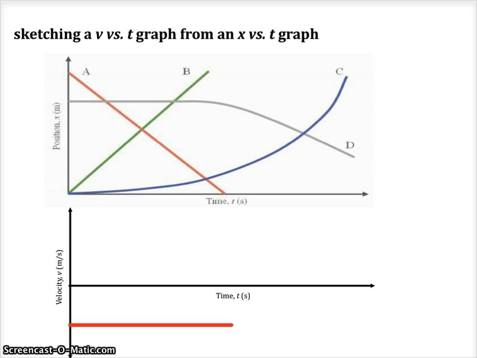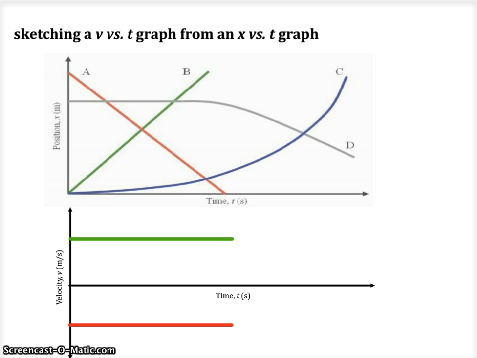If we take a look at the B line, the green one, here we have a positive slope when we look at how position changes. That's going to be a positive value of velocity on the bottom graph. So what we want to see is that the slope of the top graph tells us the value on the bottom graph. Okay, well, what if the slope is changing, like it is in graph C?